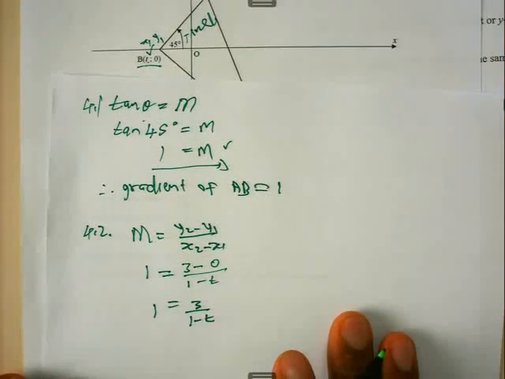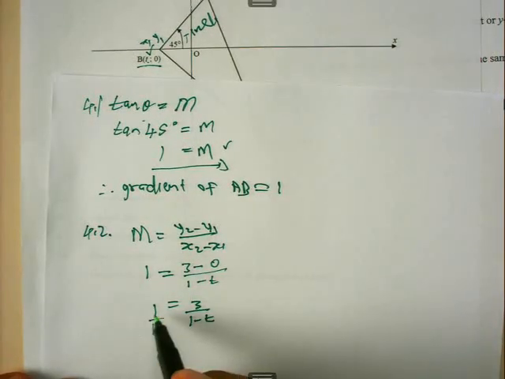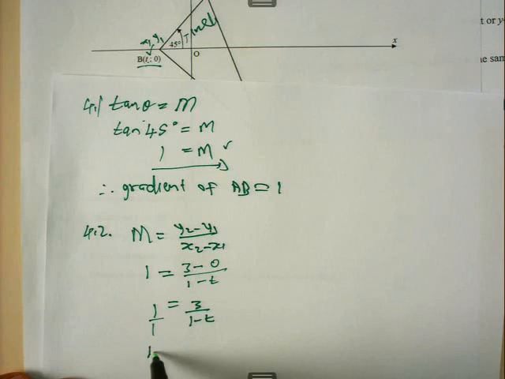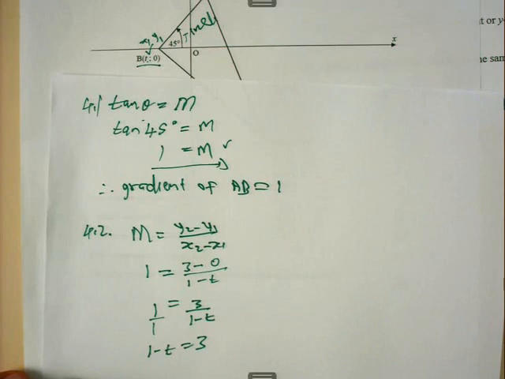Because we have one term on the left-hand side and one term on the right-hand side of the equal sign, we do cross multiplication. 1 minus t multiplied by 1, everything will stay the same: 1 times 1 is 1, 1 times minus t is minus t. It is equal to 1 times 3, which is a positive 3.